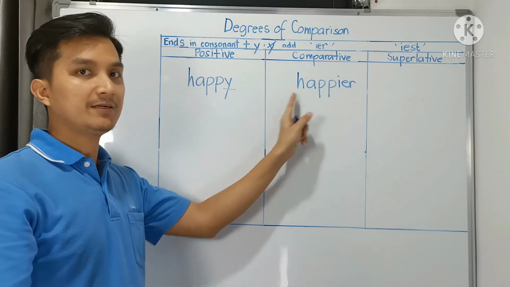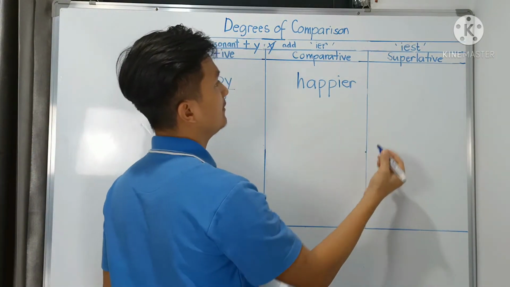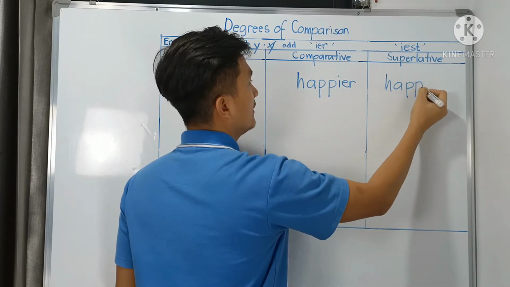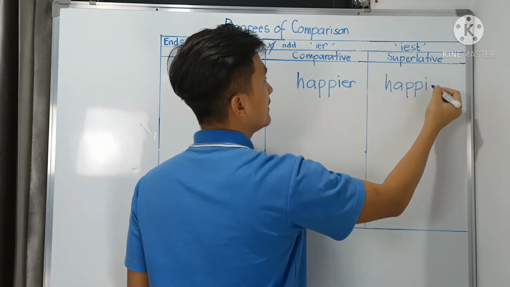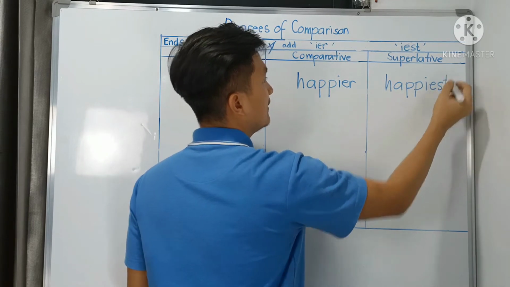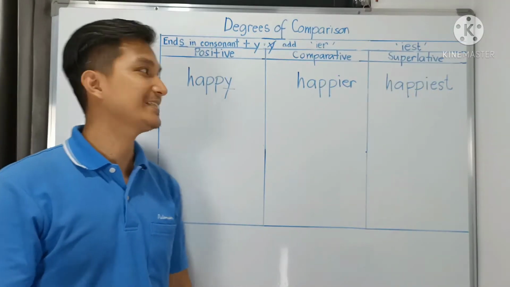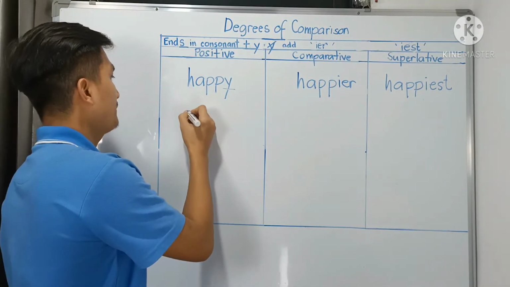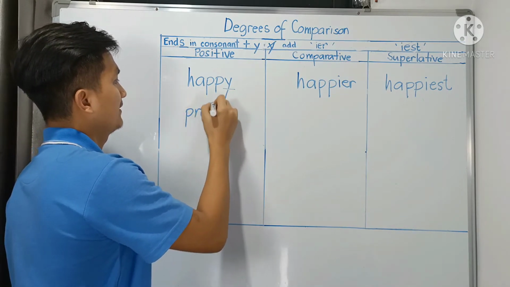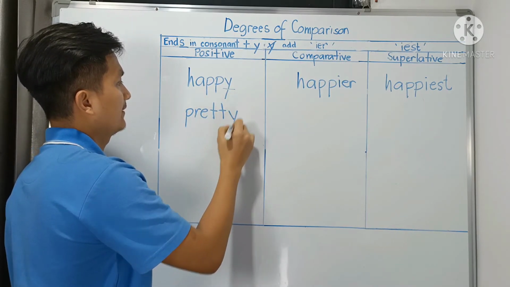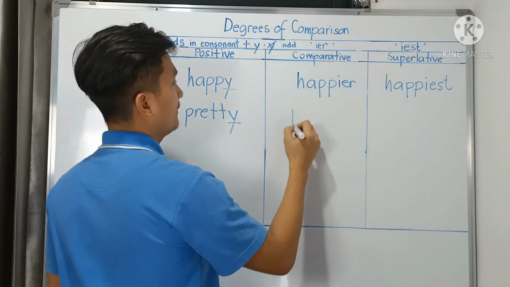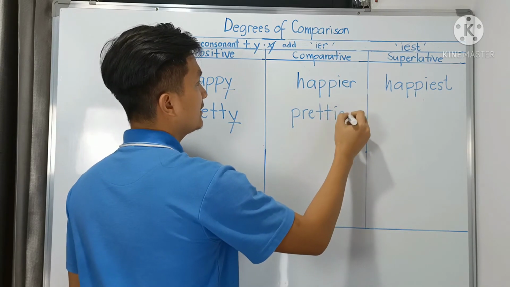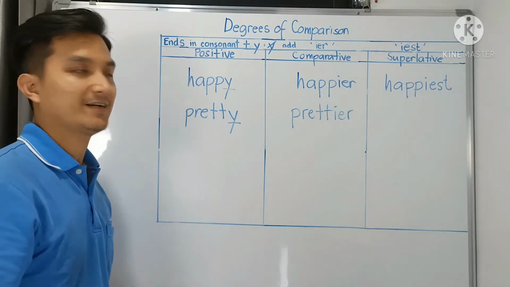Happy, happier. How about in superlative? We're going to drop the Y, and there you go. Happiest. Happy, happier, happiest. How about the word pretty? Prettier.